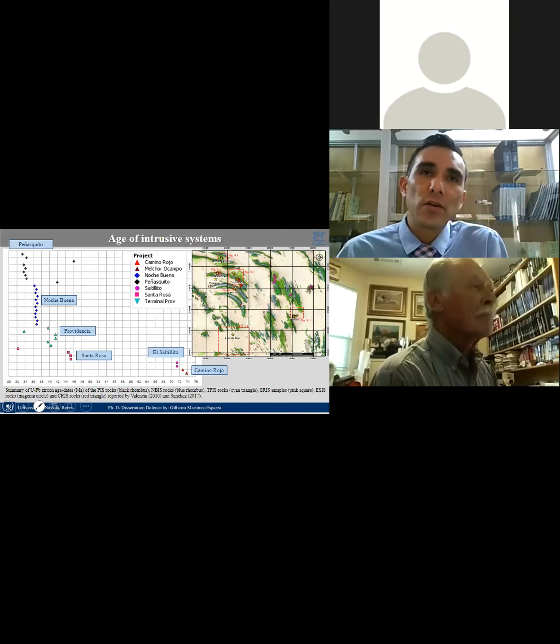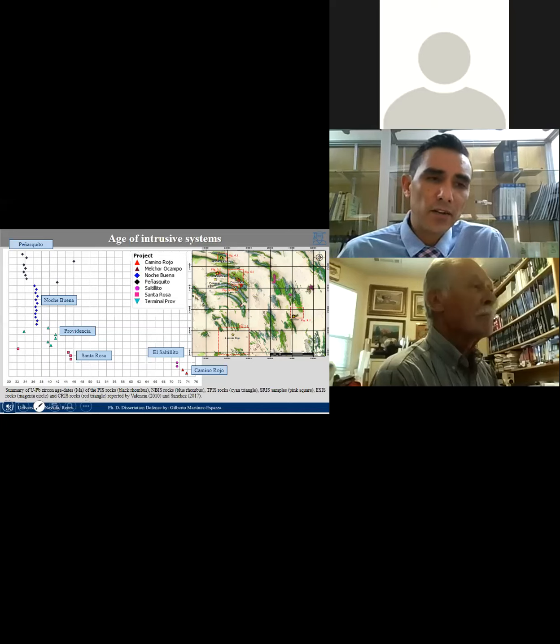Macario Rocha conducted the study of the Peñasquito deposit, and he interprets that the igneous activity started at 46 million years, contemporary with the Santa Rosa one. Then they have another sample of about 42 Ma, the same thing.